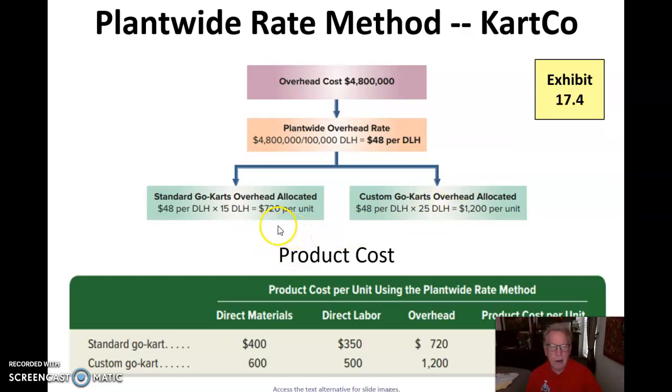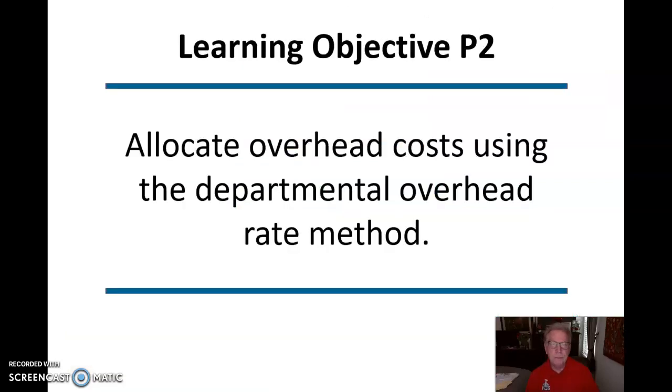So we just calculated those at $720 and $1,200. And now we're going to combine that with our direct materials, direct labor, and now the overhead that we just calculated. And that gives us our product cost per unit using the plant-wide rate method.